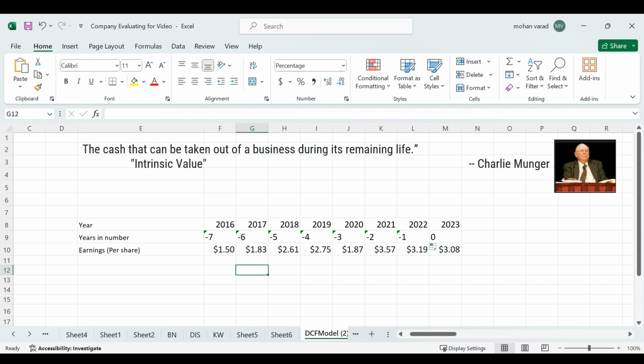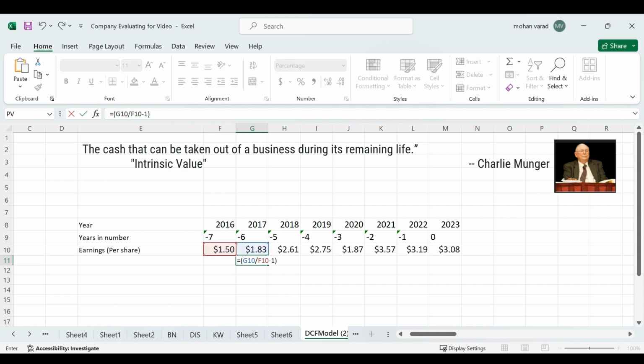If you want to see how the earnings per share has been growing over the years, we can do it like this. We can take $1.83 in 2017, divide by $1.50 in 2016, minus 1, and then multiply by 100 to give a percentage.